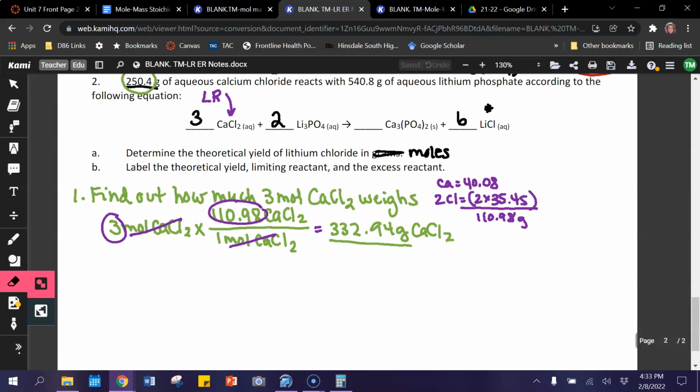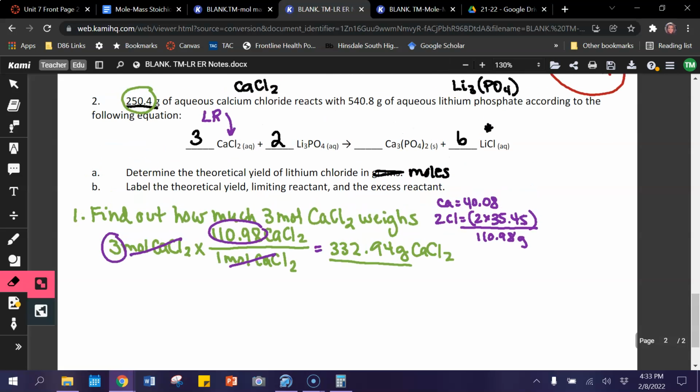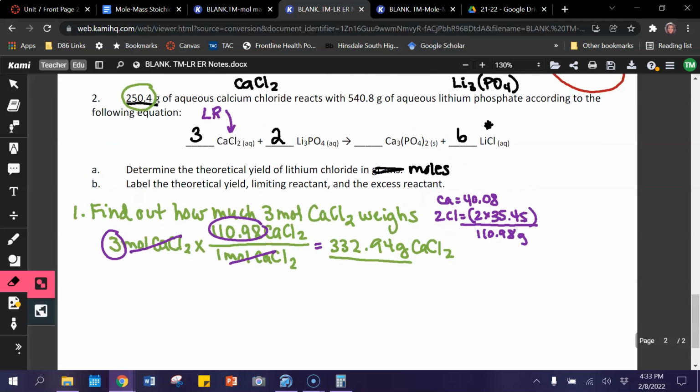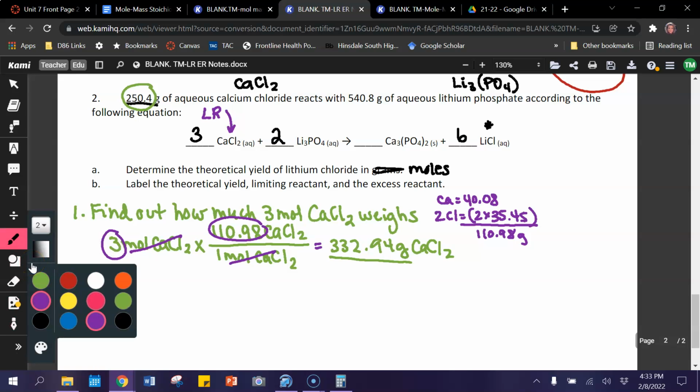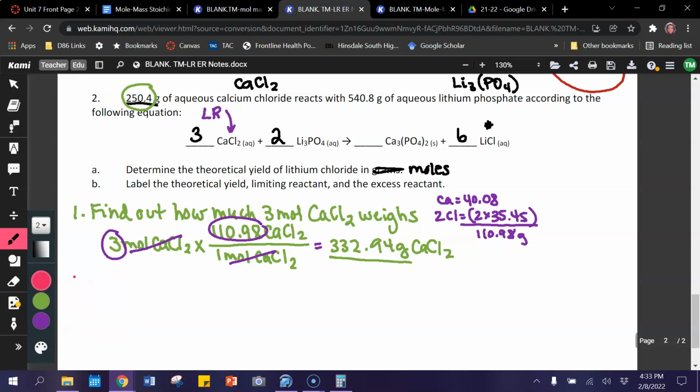Let's just make sure then that lithium phosphate isn't limiting also. So let's figure that out. Our second step is we need to find out how much 2 moles of lithium phosphate weighs.